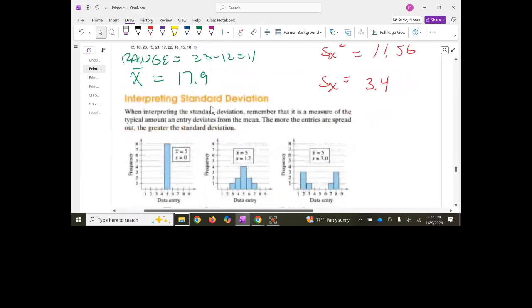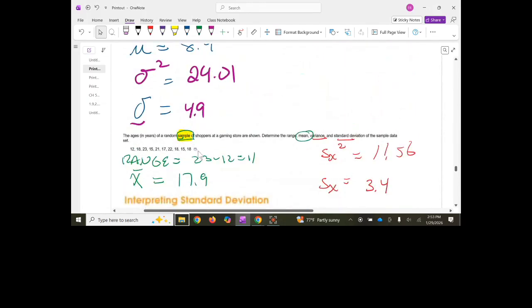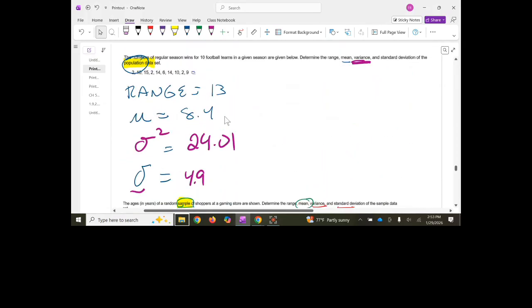Okay. All right. So, y'all, it says when interpreting standard deviation, remember, this is a measure of the typical amount an entry deviates from the mean. The more entries are spread out, the greater the standard deviation. So in this problem here, the average was 8.4.